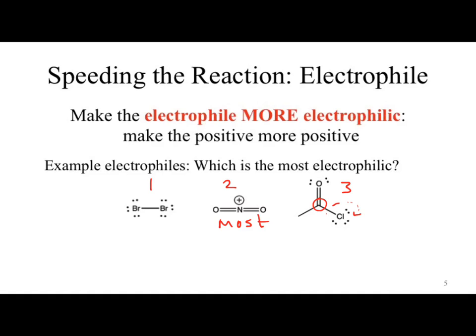What's the relationship between carbon and oxygen? Again, more electronegative. A lot of electron density is being pulled away from that carbon, which means that carbon becomes very positive. Okay? So we could then go through and rank this, and we say this is most, this will be our second, and this would be our least electrophilic.